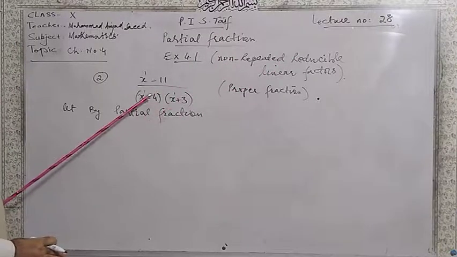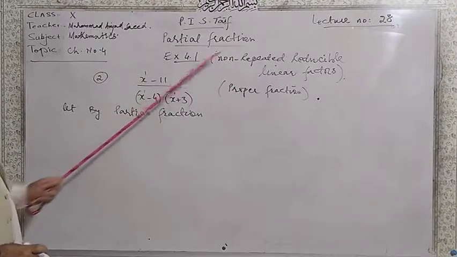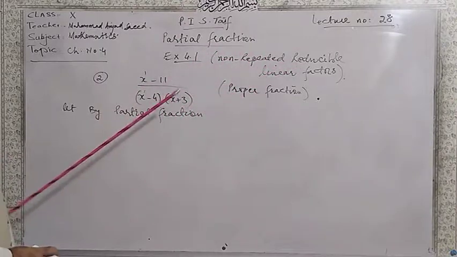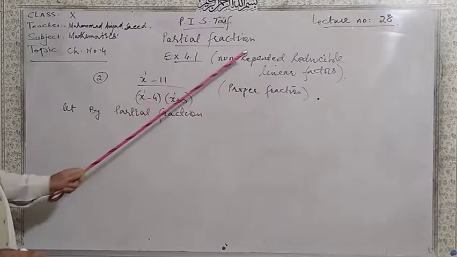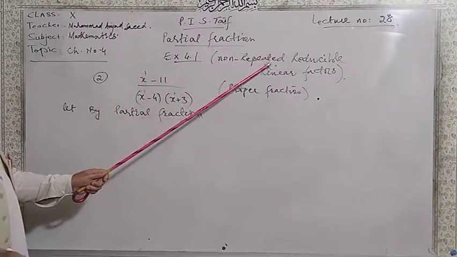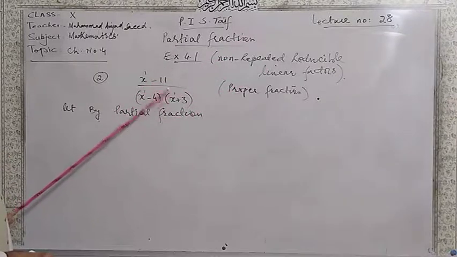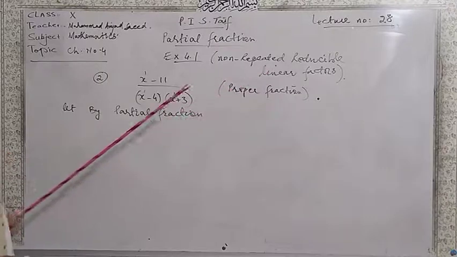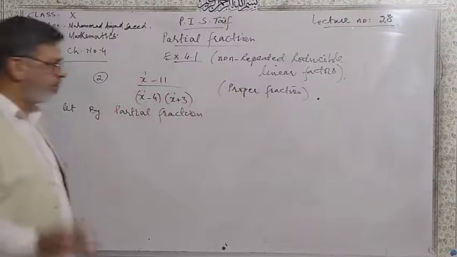Reducible means you can simplify the denominator to bring this non-repeated linear factor. Linear means the maximum power of the variable will be 1. Remember that linear means maximum power of variable will be 1. If here is quadratic, the maximum power will become 2.